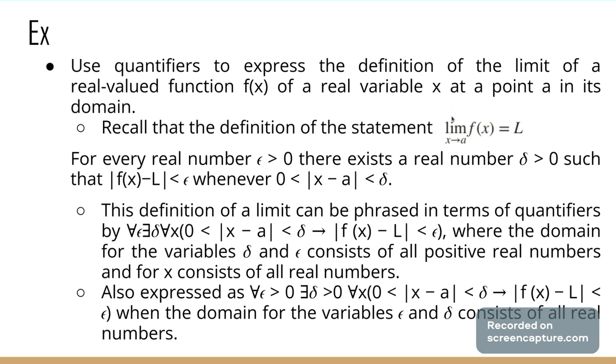The definition of limit x tends to a, f of x is equal to L is given as: for every real number epsilon greater than 0, there exists a real number delta which is greater than 0 such that the absolute value of f of x minus L is less than epsilon whenever 0 is less than absolute value of x minus a less than delta.